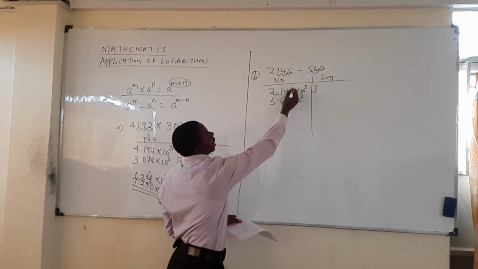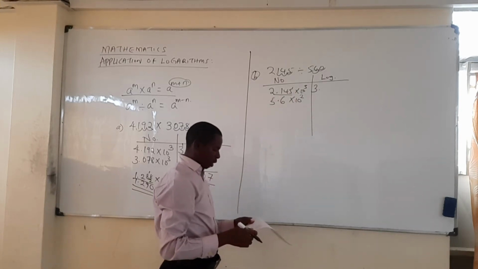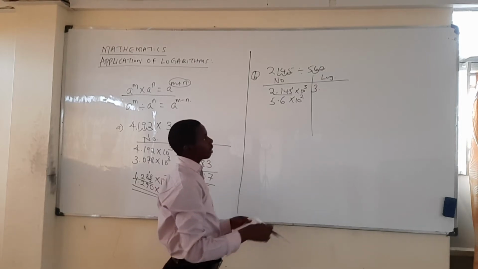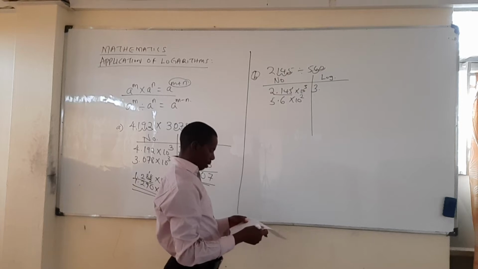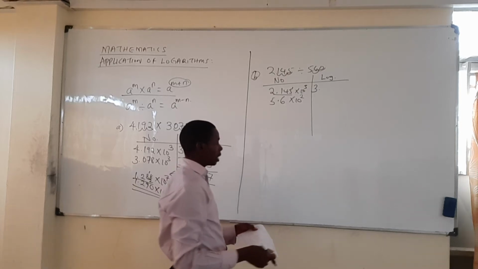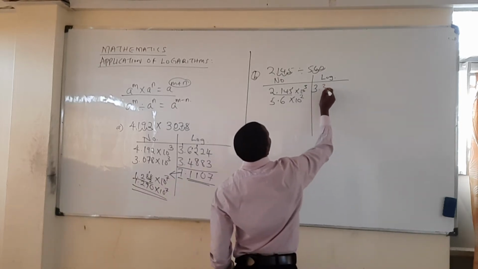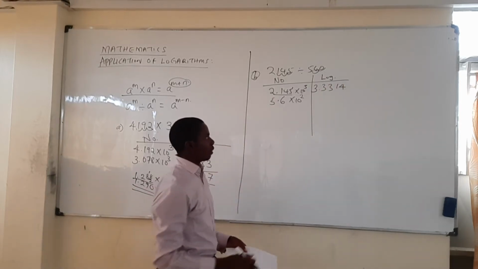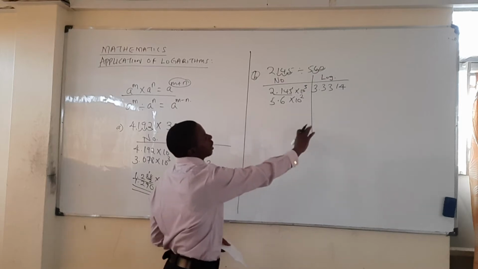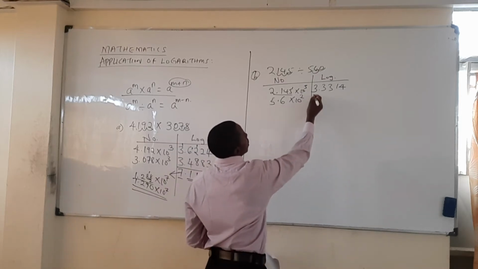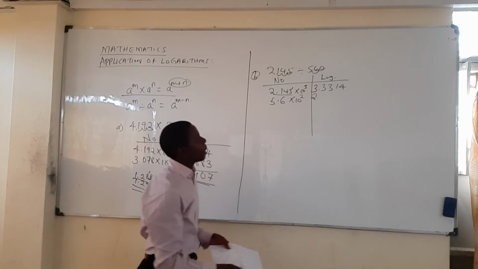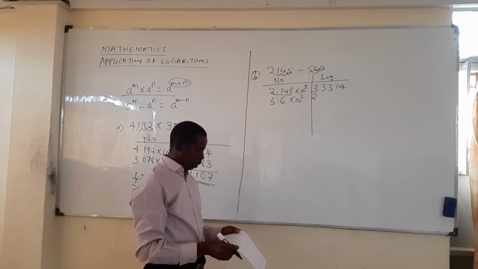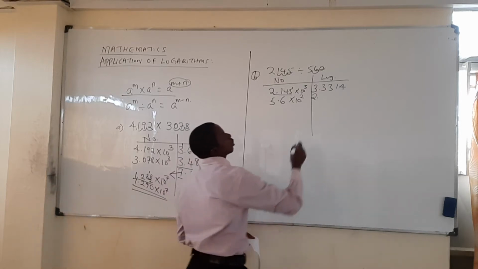Then we add 5 from the additional column, which is 10, so you add it at the far edge, and we get 0.3314. That's the log of 2.145. Then we get the log of 5.6 times 10 power 2, so it starts with 2 point, and then for 5.6 it is 0.7482.